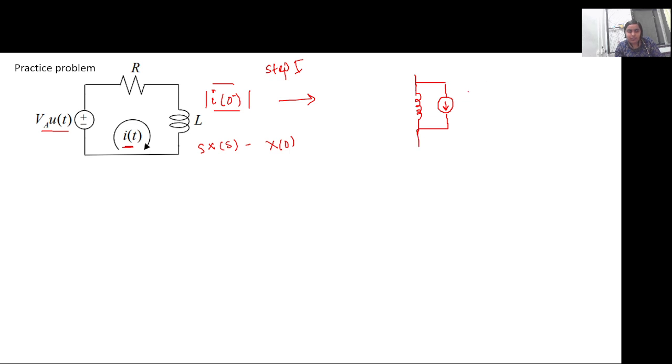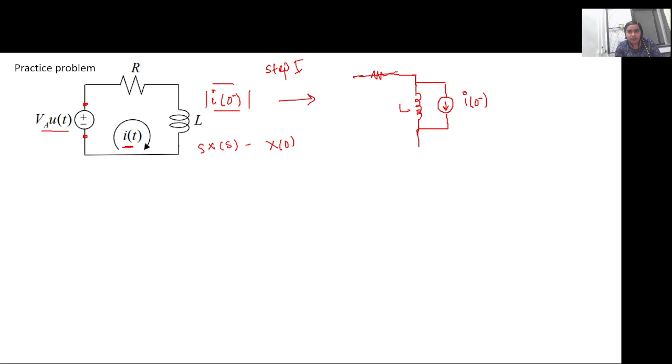This is the initial current I(0-), the current flowing just the instant before the voltage source was connected to this circuit.